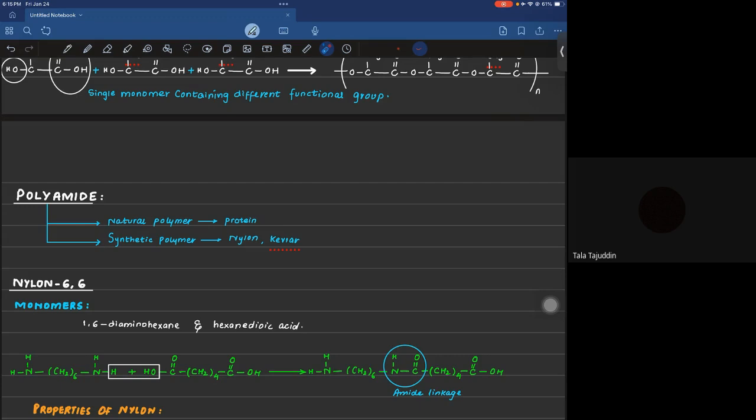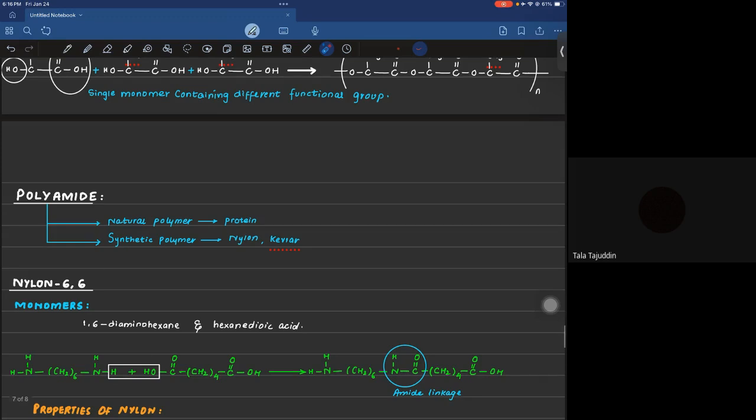Obviously, you need nitrogen and hydrogen, right? You can just compare that these are the monomers. So if you join them together, you would be making ammonia.